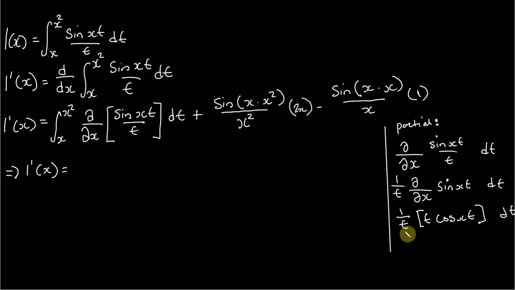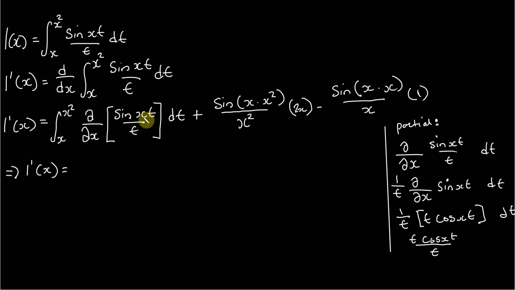Notice, I should point this out actually, notice that these t's will cancel. But let's just not skip any steps. So this is the same as also writing t cos xt, all of that over t, right?